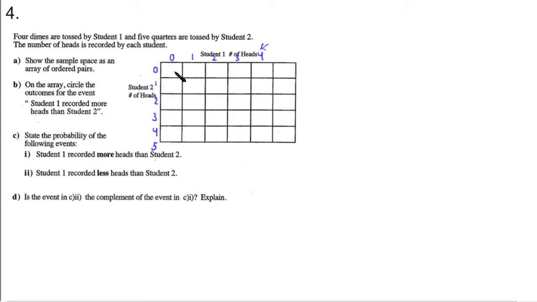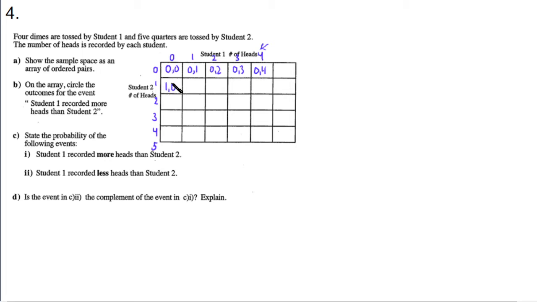And now we're going to express the sample space as an array of ordered pairs. So we're going to go from the rows to the columns. So this outcome here is going to be 0, 0, 0, 1, 0, 2, 0, 3, and 0, 4. So this means that student number 1 tossed 4 heads and student number 2 tossed 0 heads.